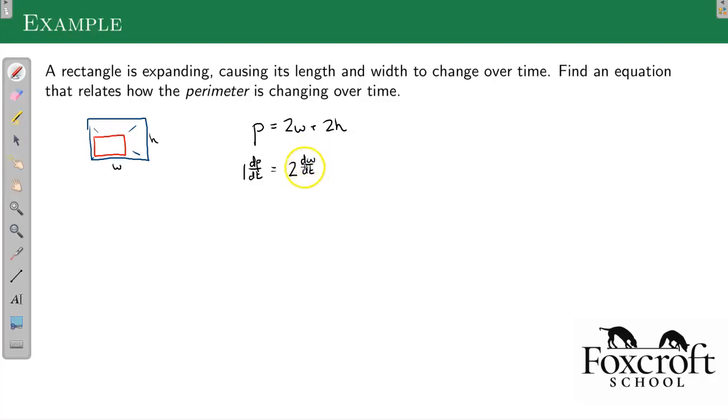This is how the width is changing with respect to time, and this is how the height is changing with respect to time. You can see you're just taking your normal derivatives. Every time you have a variable, you put a dw/dt or dh/dt, and this just represents the change in that quantity over time: the change in the width over time, the change in the height over time.